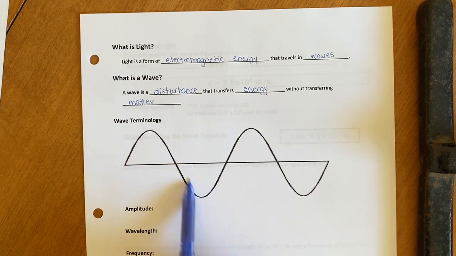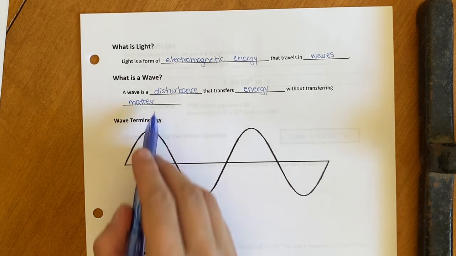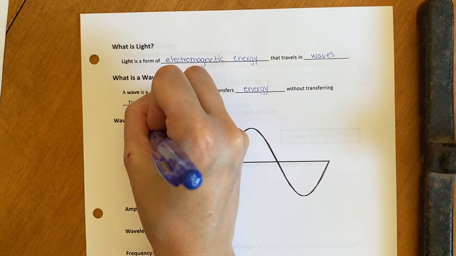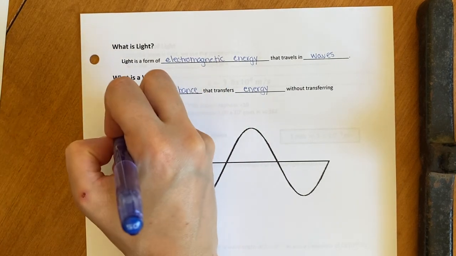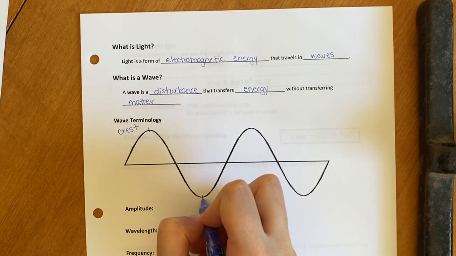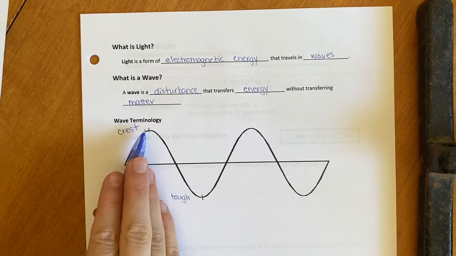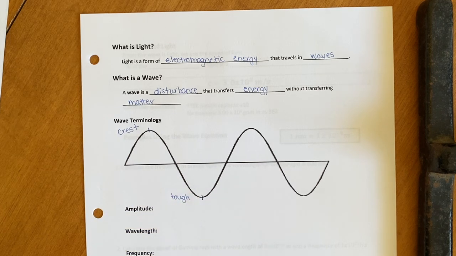Now, a typical wavelength diagram looks something like this, where the top of any wavelength is called the crest, and the bottom is called a trough. So you've got a crest and a trough.